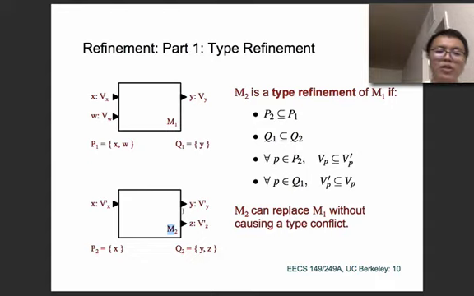That is the reverse of the data type. The data type requires a bigger input data type for the refinement machine and a smaller output data type. In short, the type refinement can have bigger input data types but fewer input ports and more output ports, but smaller output data types.